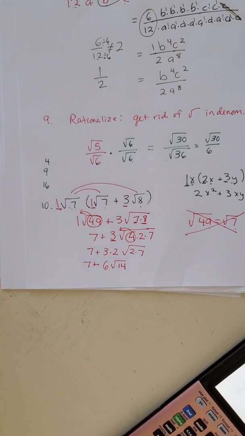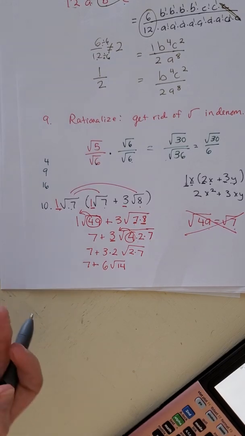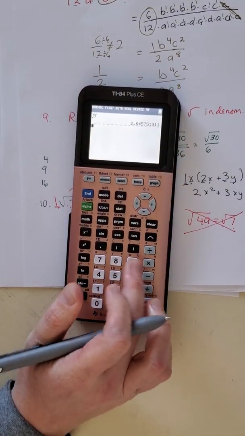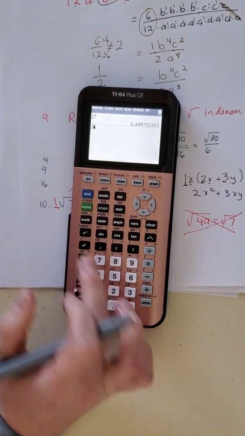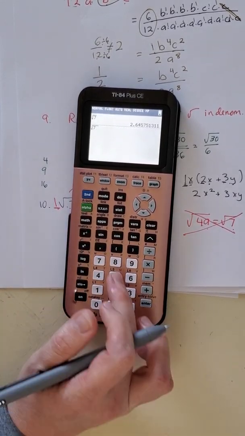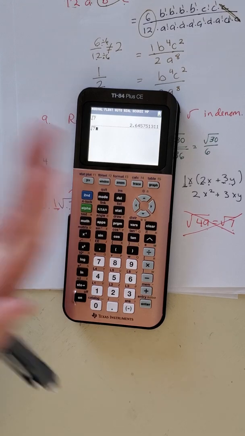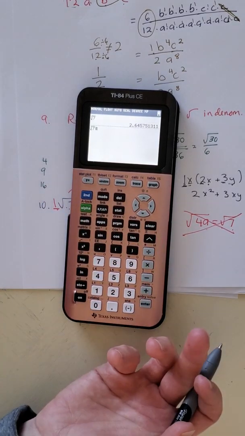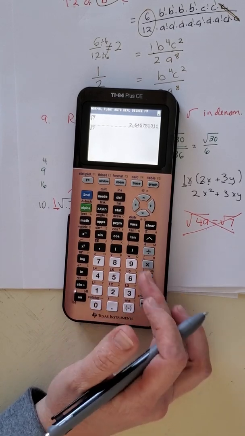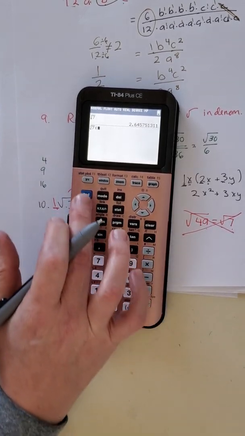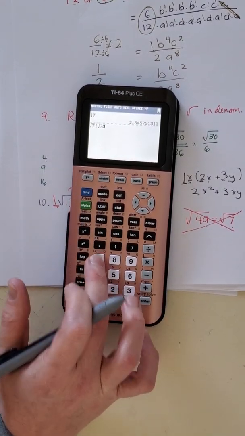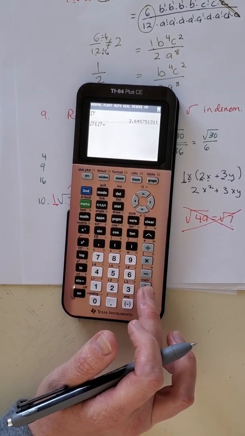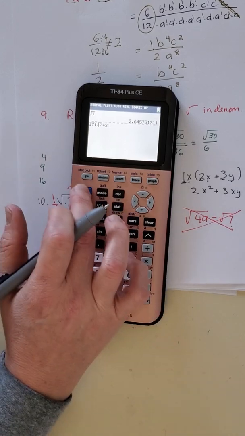And then if you want to check, you can use your calculator to check that you've done the work right. On the calculator, you can do square root of 7. And then on my calculator, you would have to hit 7 square root and then hit times and put some parentheses. So square root 7 and then plus 3 square root 8.